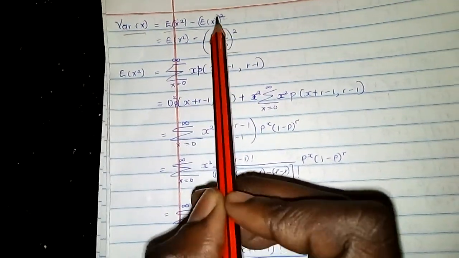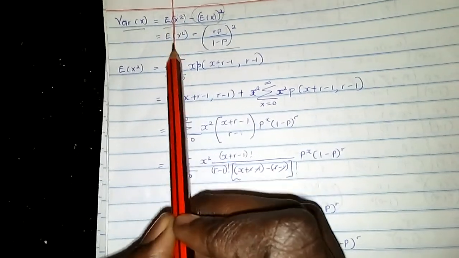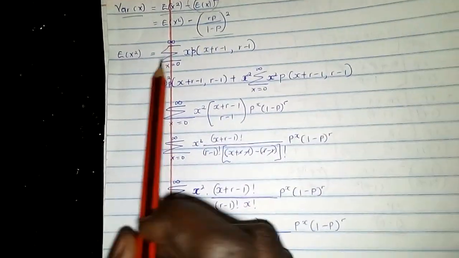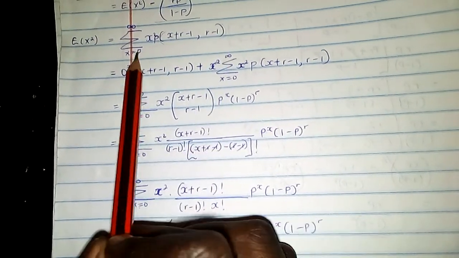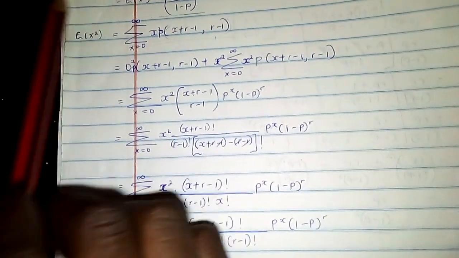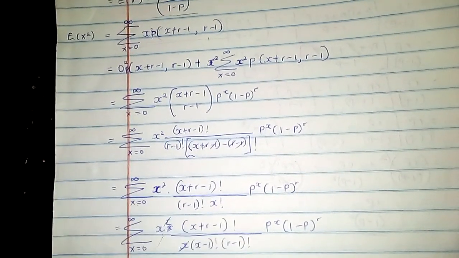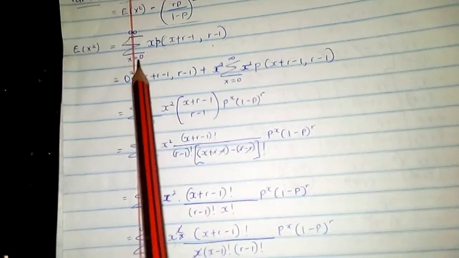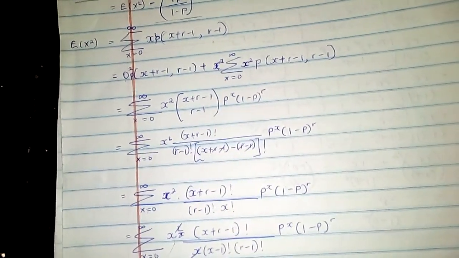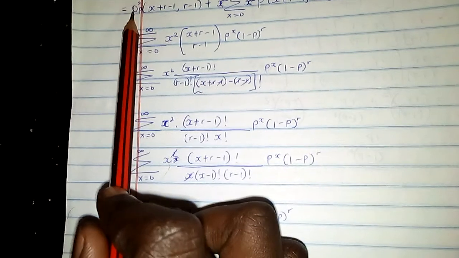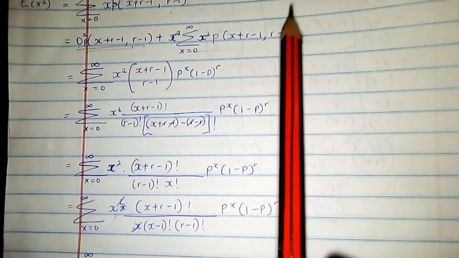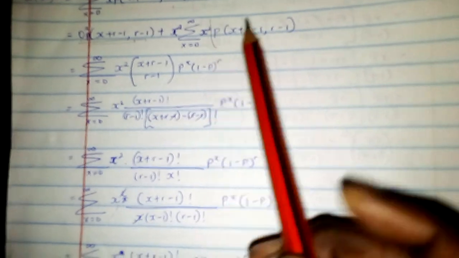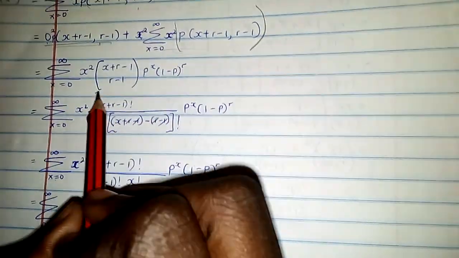Since we have the mean, we're going to be working with E of x squared, and so we get x squared times the PDF of the negative binomial. Same as what we did in the mean, when x is 0, this entire function dies. We stay with this one, and this can also be written as this.